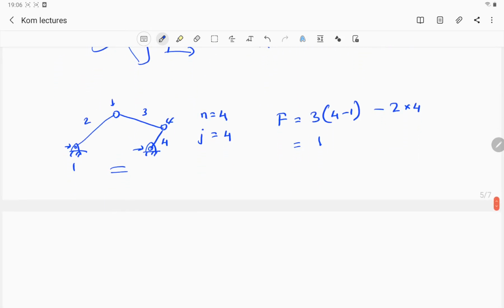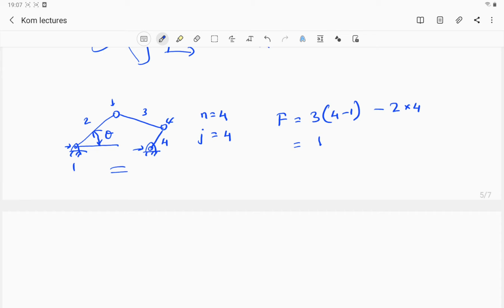Okay, this system or this mechanism is having 1 degree of freedom. Okay, which means if I denote, let's say this is the independent variable theta. Once I define this theta, then I will know the configuration of each link, what is the position and orientation of each link. So that's what the configuration means.